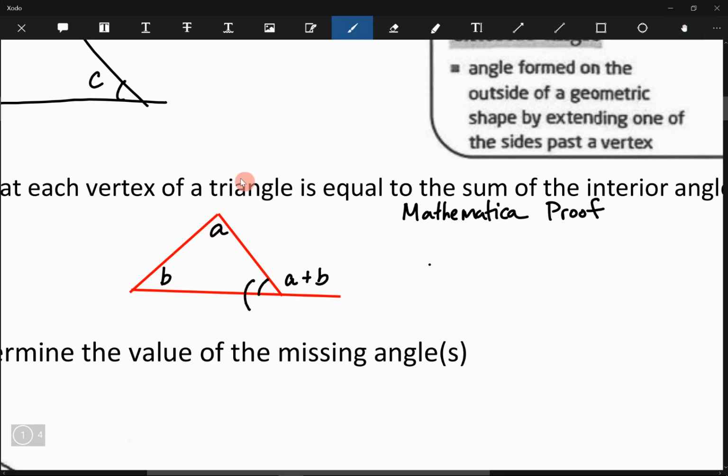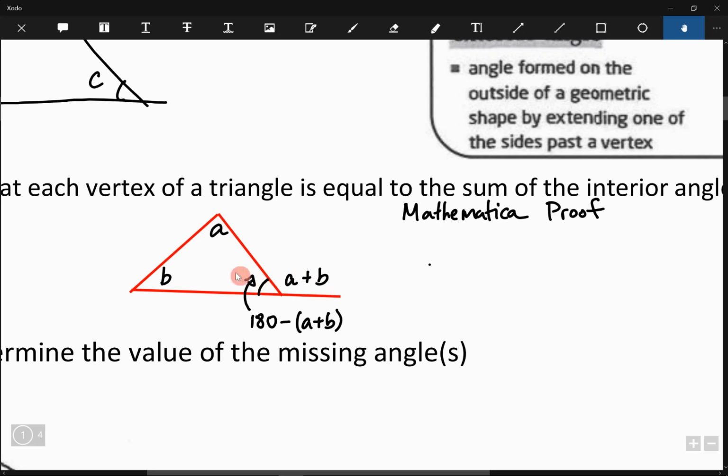So this third angle is going to be 180 degrees minus the sum of these two angles, 180 minus (A plus B). If I do that math, I will know the inside angle here.